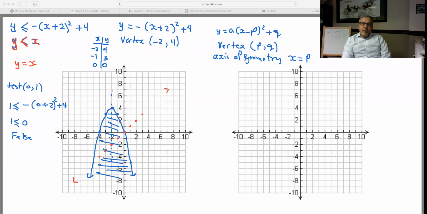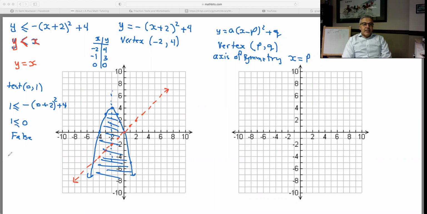So bear with me, I'm going to try to make a nice dotted line. Okay, there we go. So I'm going to go ahead and test, and you know what? 0 and 1, which is here, is above the line.